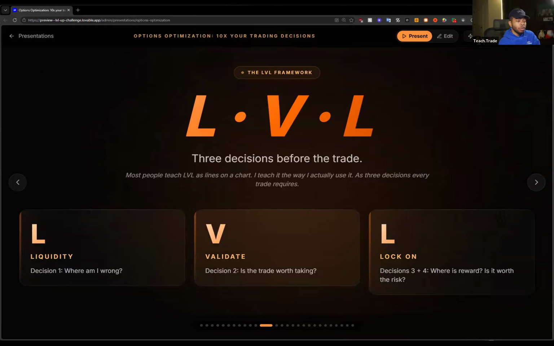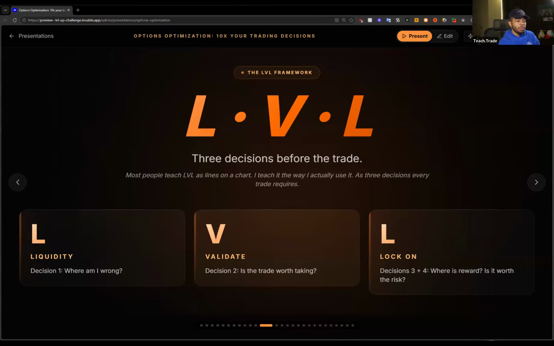We're going to cover some more, and specifically how it affects and influences the decisions that are made, and how this applies to the same decision process we just covered: where we're wrong, where we'll exit if the trade is worth taking, and then where we'll exit if we're right. So there are three letters, and three decisions associated with this.